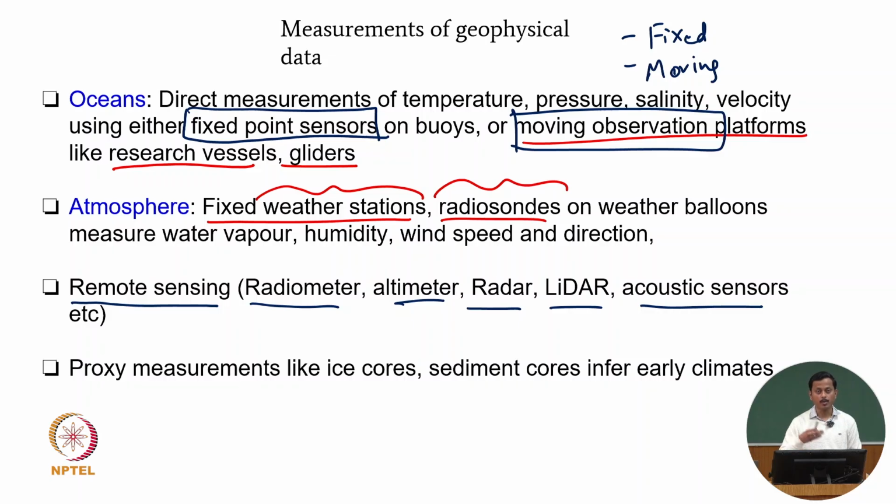That is why these are called remote sensing. And then we can also have some proxy measurements, like ice cores and sediment cores from deep in the ocean or in the Antarctic ice sheet, to gather information on early climate or the changes in the climate that have happened over time.